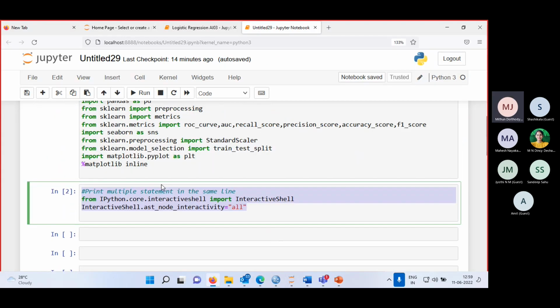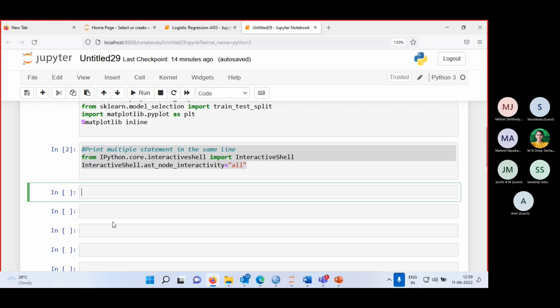I pasted it in. It will give all the things. Multiple statements will be printed.